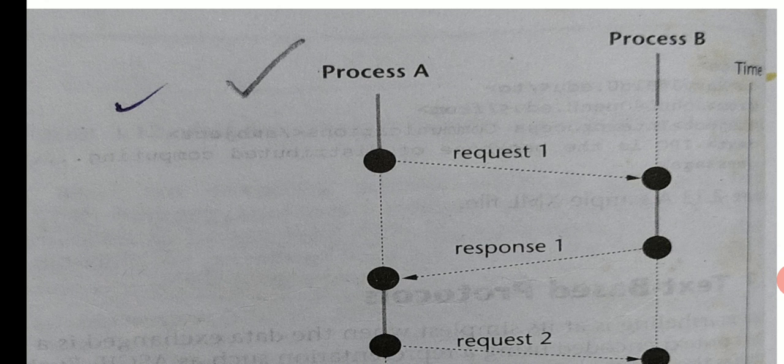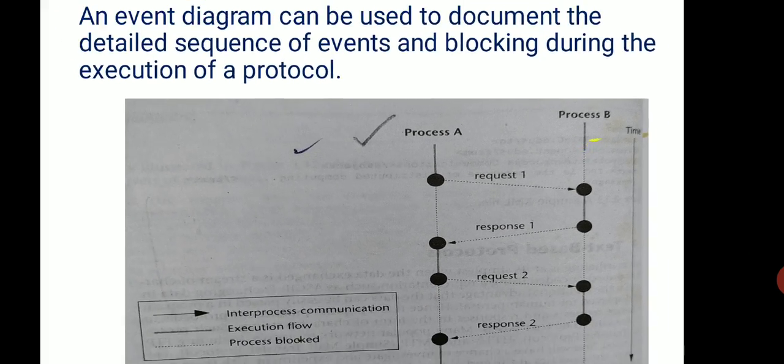Process A, initially it is active and then it is blocked, and process B is initially active and then it is blocked, okay. So this is an event diagram.